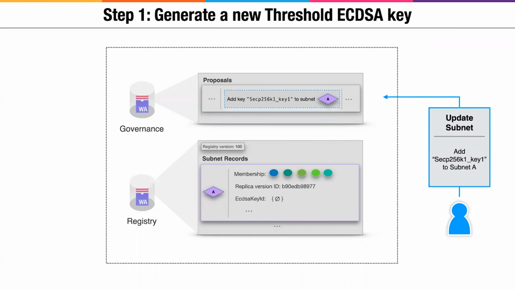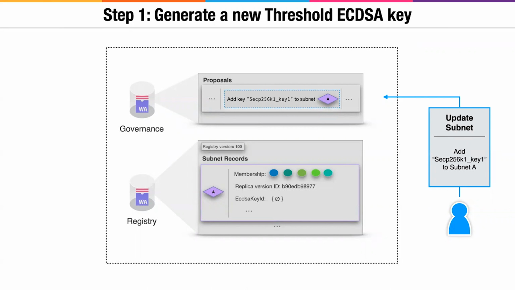Among other things, they include the list of nodes that compose the subnet, the replica version, and, since recently, the subnet records can also contain a list of ECDSA key IDs that the subnet may hold.